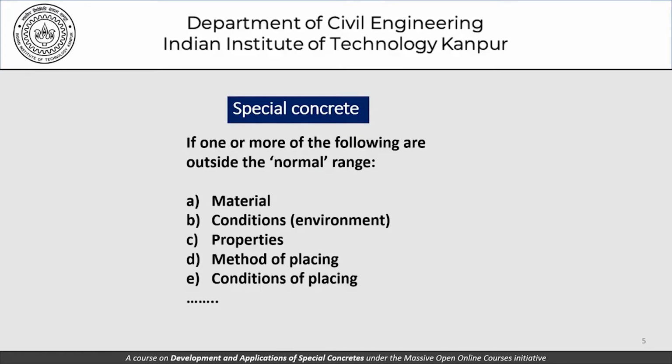We've talked about this. Special concretes, basically a reiteration from the previous slide, are those which go outside the normal range, whether in terms of materials, conditions or environment, properties, method of placing, conditions of placing, and so on.